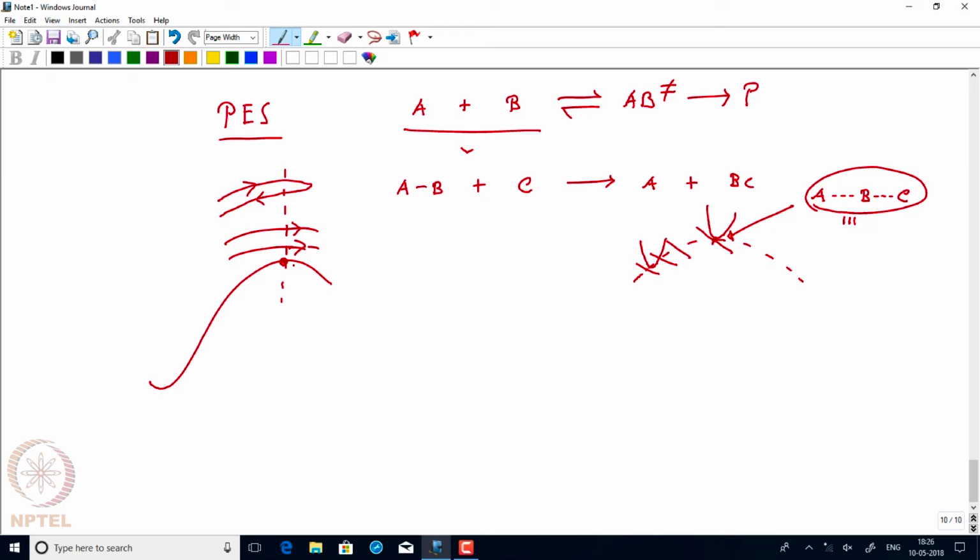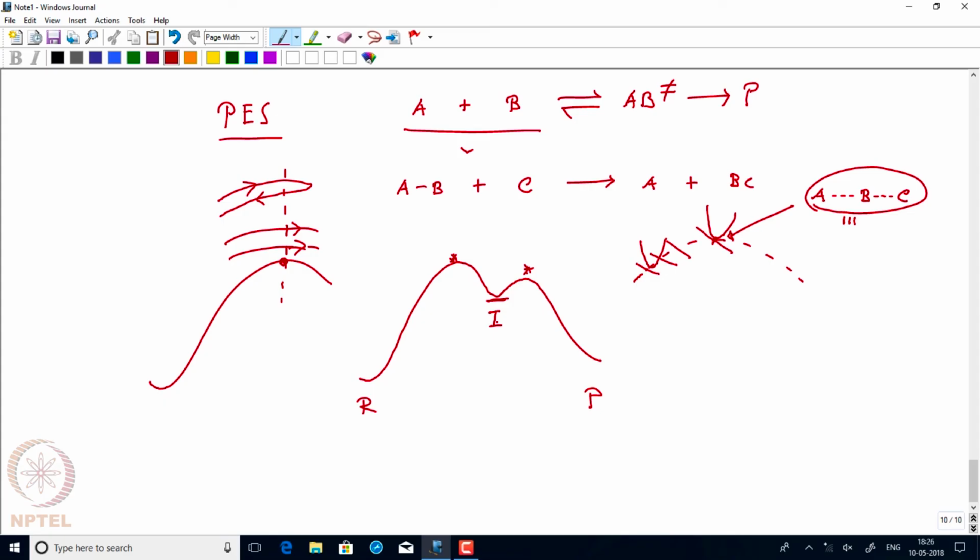A complex means something which is stable along all degrees of freedom, meaning a reaction intermediate will be something which has a minimum even along the reaction coordinate. The transition state goes from a bunch of reactants to a bunch of products, and this is an intermediate.